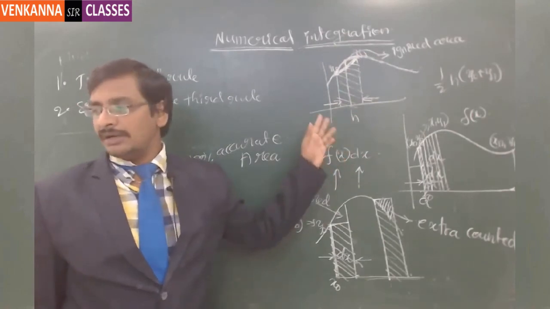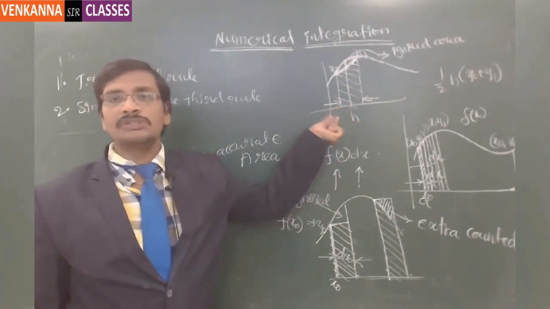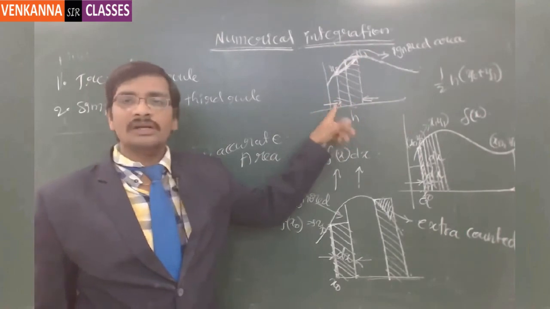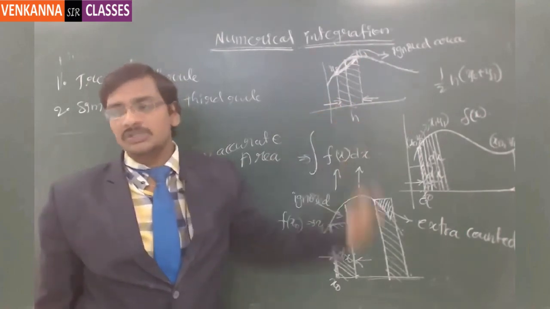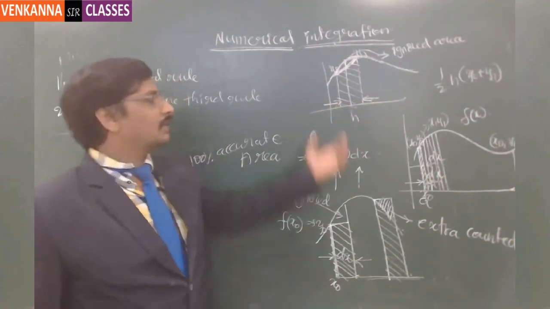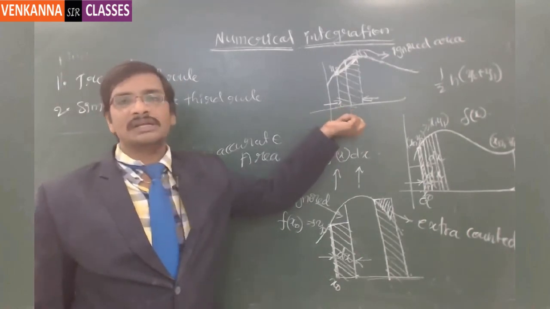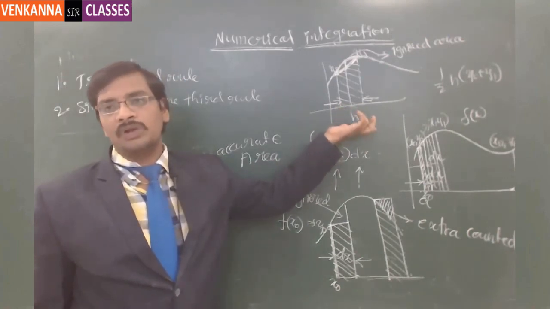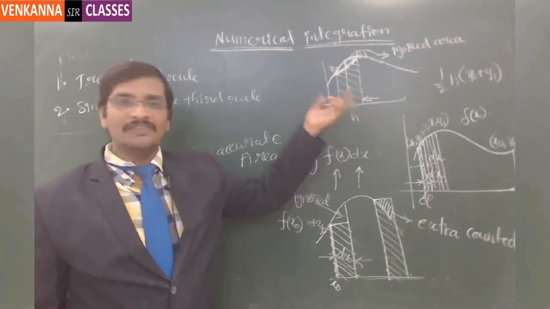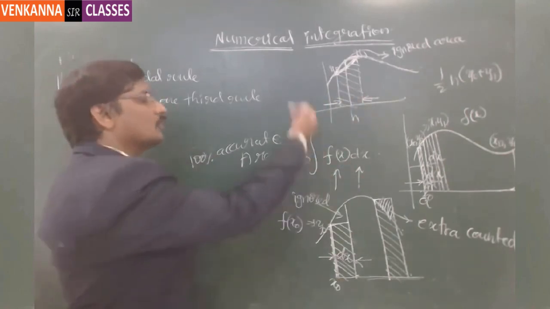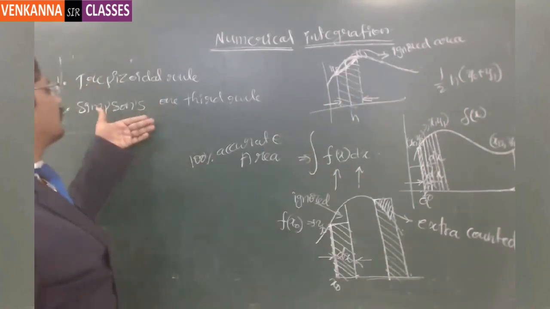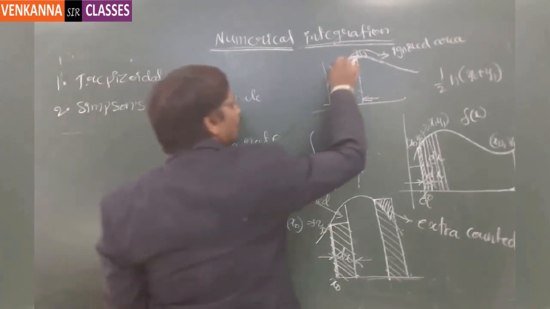If h tends to 0, so that you have all the data points very close, then the error is going to be reduced. But here, h has a certain definite value, maybe 0.1 or maybe 0.5, so definitely there will be an error. But the error is going to be reduced if you approximate as a parabola rather than a trapezoid.